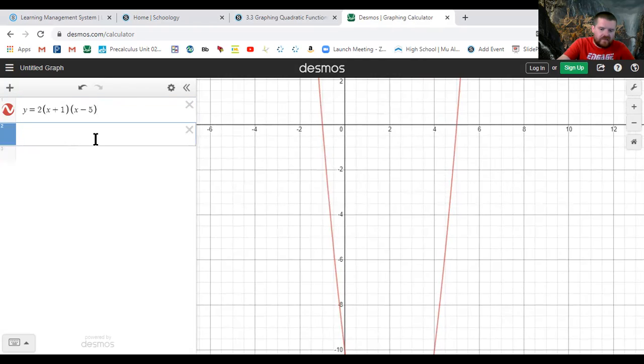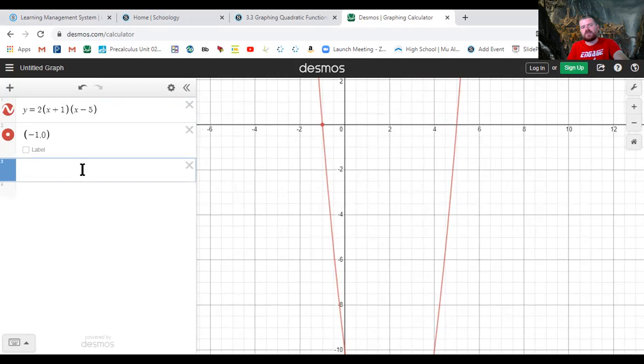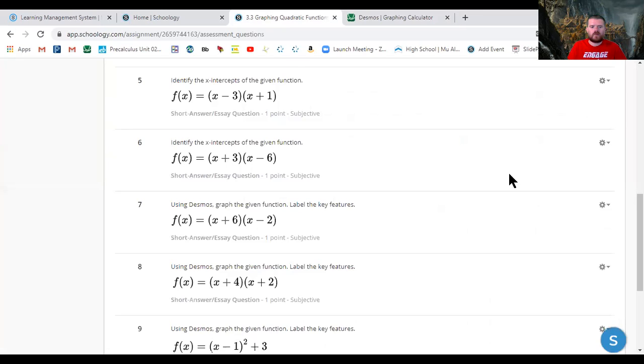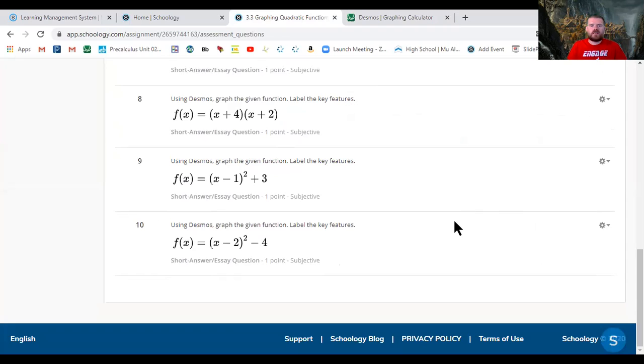Opposite signs, so if I have x plus 1, that means one of my roots is negative 1, comma 0. And if I have x minus 5, that means my other zero is 5. So we are taking this just step by step.